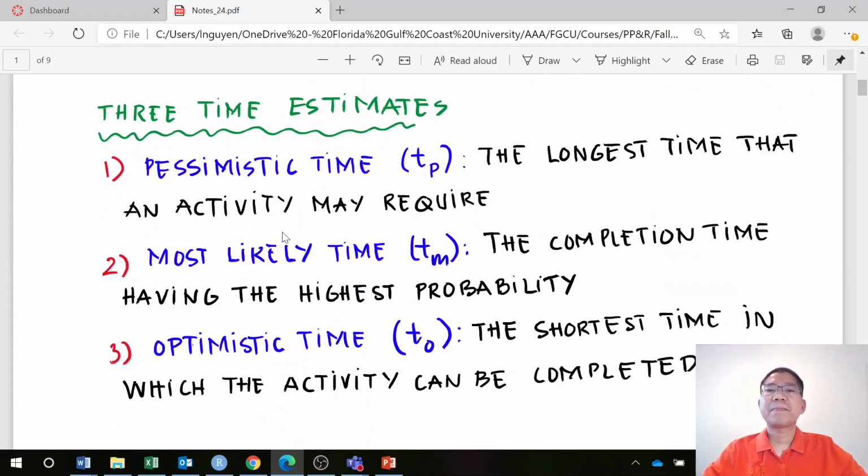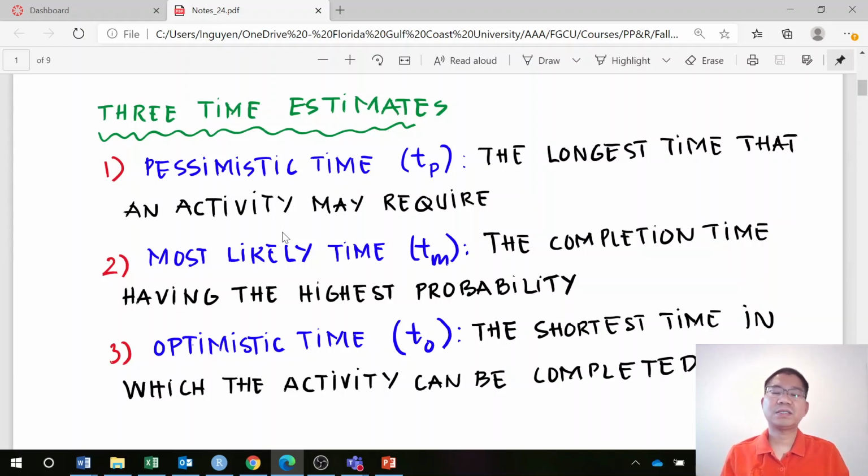The first one is pessimistic time, TP, the longest time that the activity may require. Like when you drive to school, the longest time you drive, 50 minutes, is the pessimistic time. The most likely time is the completion time having the highest probability. Just like someone asks you, how long will it take from your house to campus?